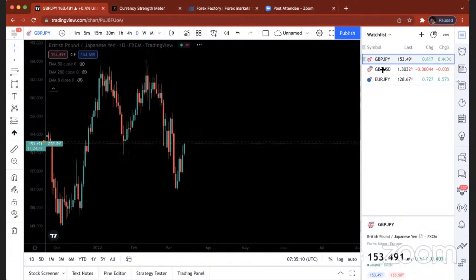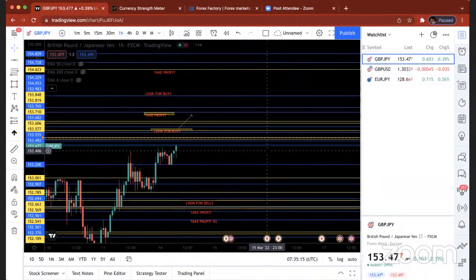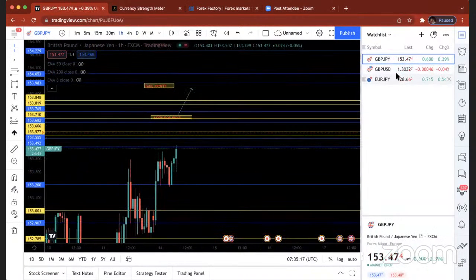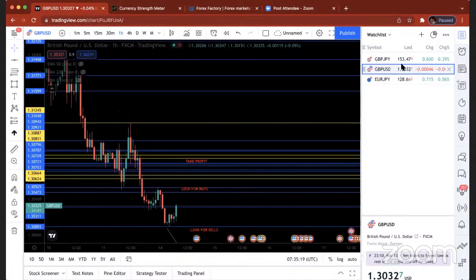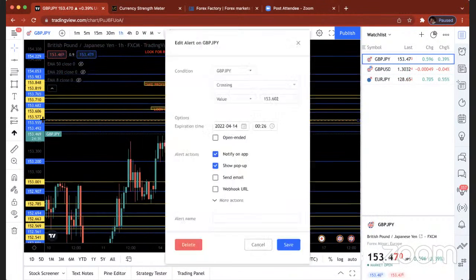Let's give EJ a second. Let's post this in TradingView. I'm going to put the alert on GU in case it starts to really jump. Give me 1 second, guys.